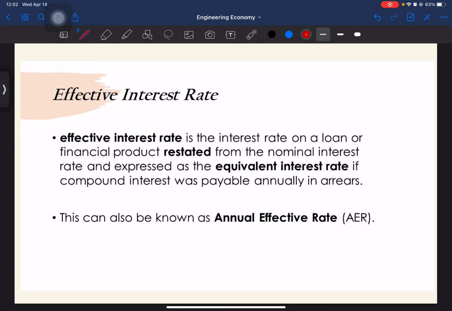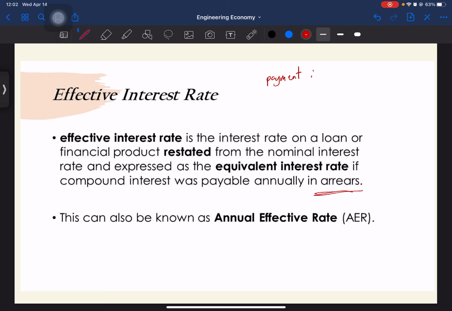annually in arrears. Okay? Sir, teka lang, parang nagulo ang aking isipan kasi hindi ka sanay sa mga terms na ganito. Ano yung arrears? Okay? When you say arrears, it is something that is done on the end of a term. Halimbawa, naka-encounter na ako ng ganitong options, I think sa bank, pinapili ka ng payment daw.